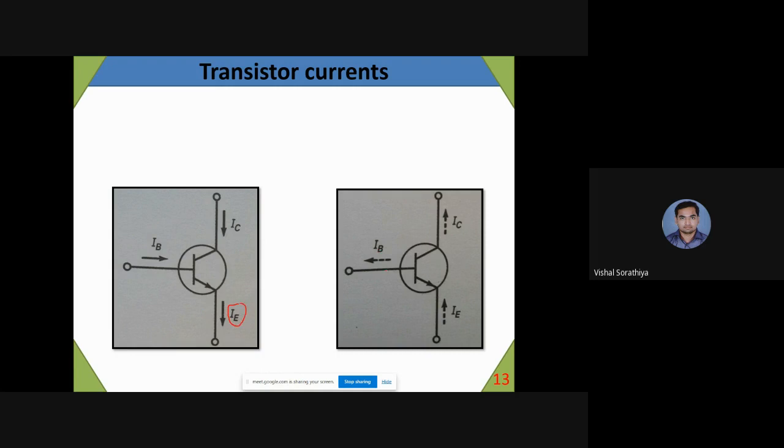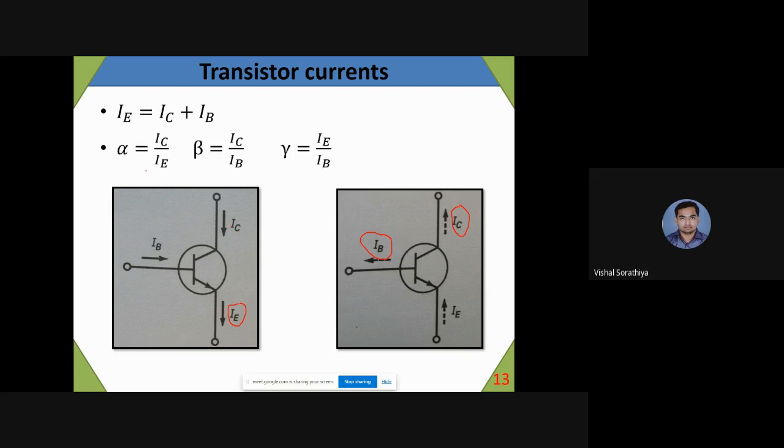In the reverse direction, the holes entering from the emitter are distributed over the base and the collector. But simply, IE equals IB plus IC. This is a simple equation you need to keep in mind: emitter current equals base current plus collector current.